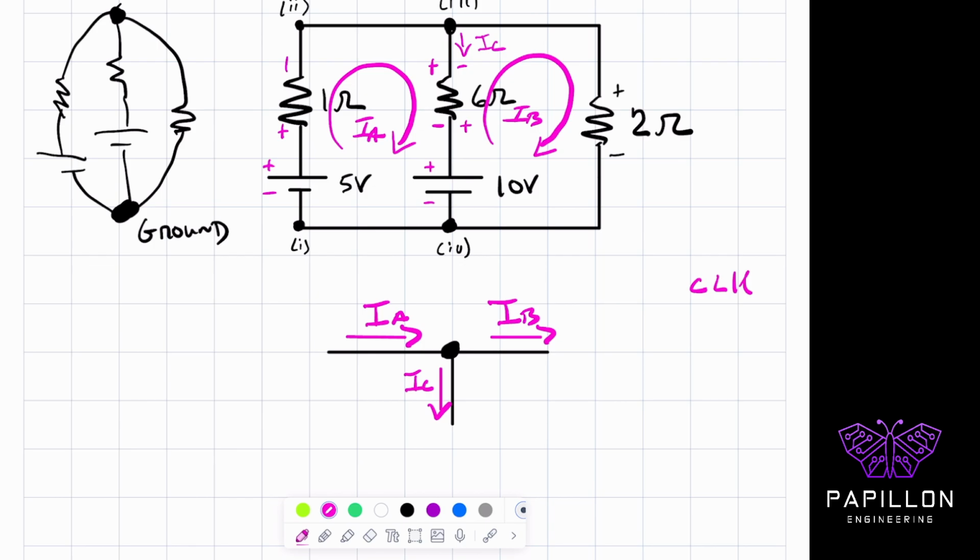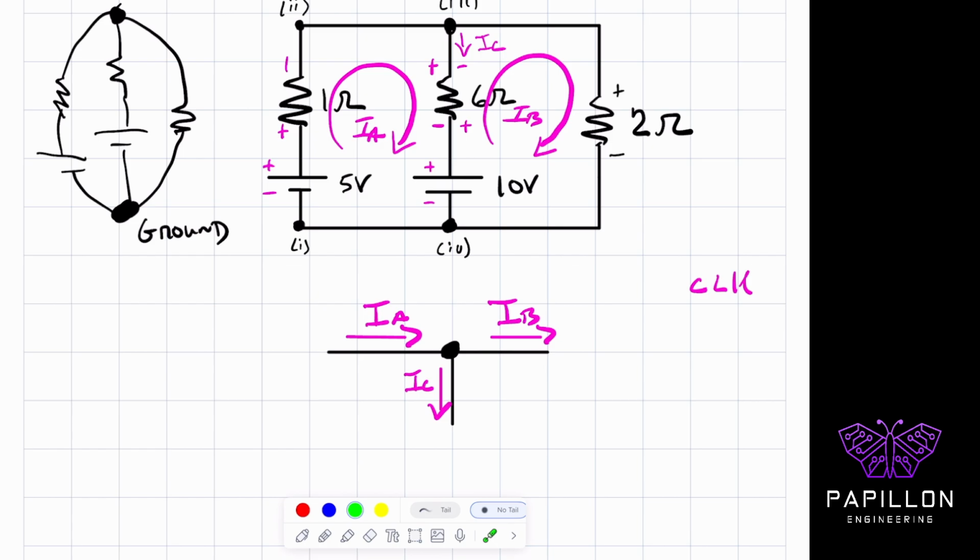If we try not to overthink it so far, the goal again is that we're going to recognize that because of the direction of it, we can make the assumption that IA is going to go that way. We can make the assumption that IB is also going to be going towards the right, and then IC is going to be going down.